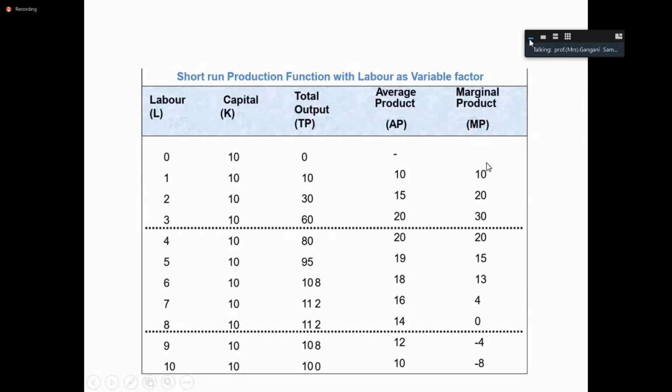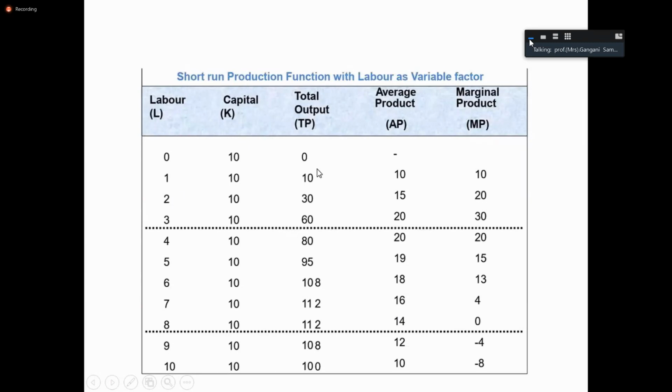Then I'll teach you how to take the marginal product. Marginal means just the change of total output. Here 0 to 10 means change is 10. Divide by 0 to 1, change of 1. That means 10. Here total output change is 10 to 30, 20. Change of labor 1.